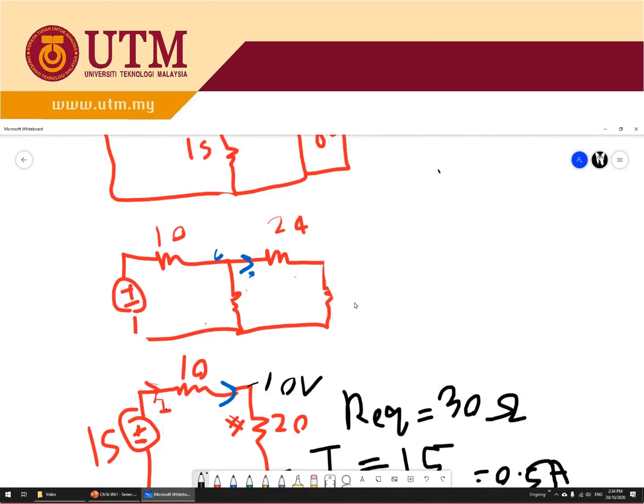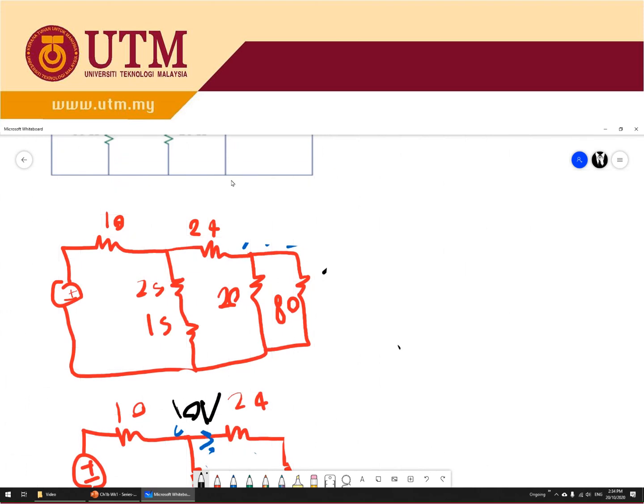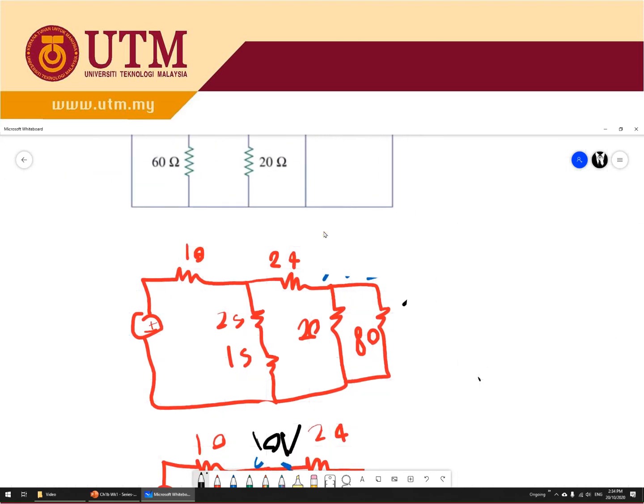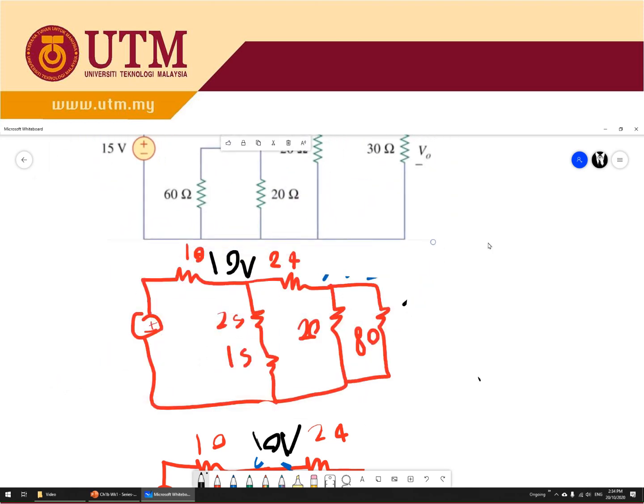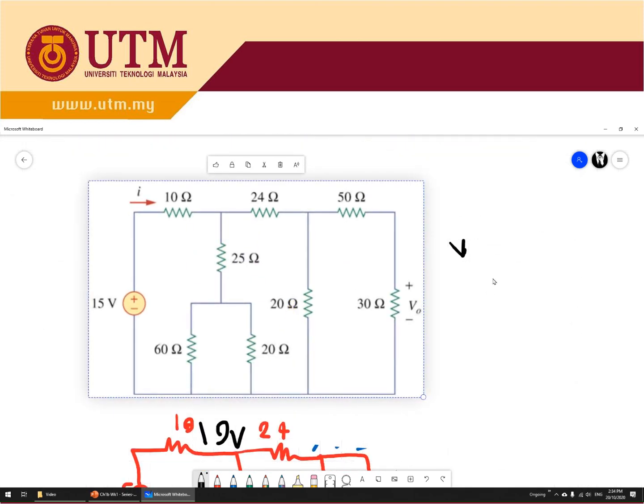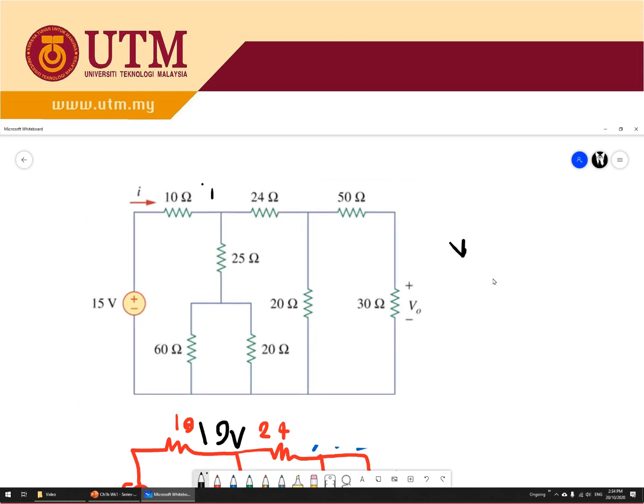So now we move on to the second part. This one is 10 volt, this one is also 10 volt, this one is also 10 volt, and this one is also 10 volt.